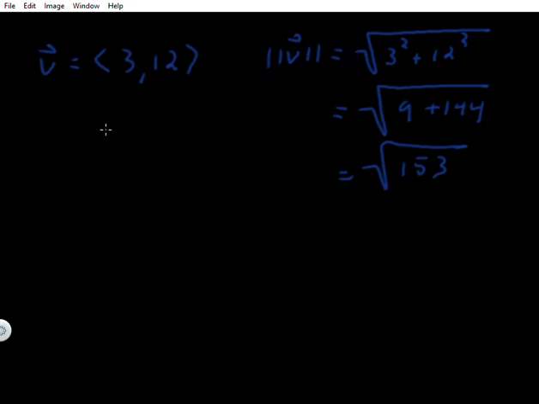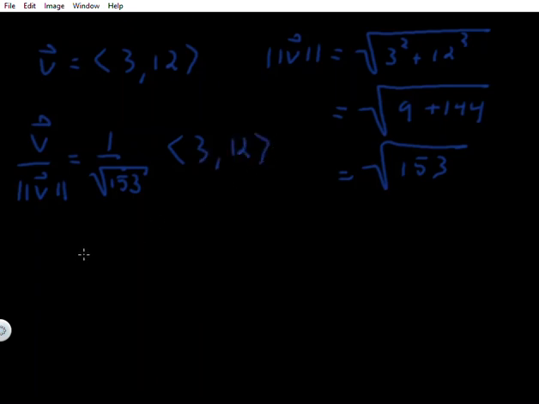And to find a unit vector in the direction of v, we would have to divide v by the magnitude of v. So now it would be 1 over the square root of 153 times (3, 12).